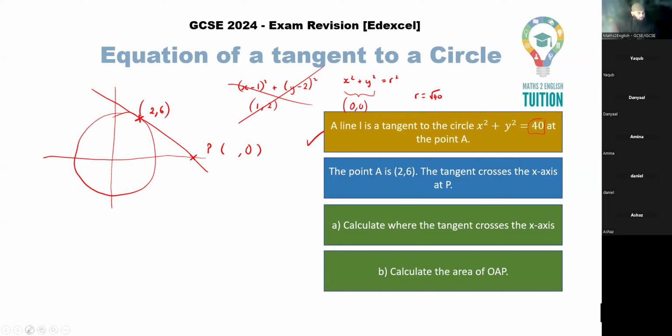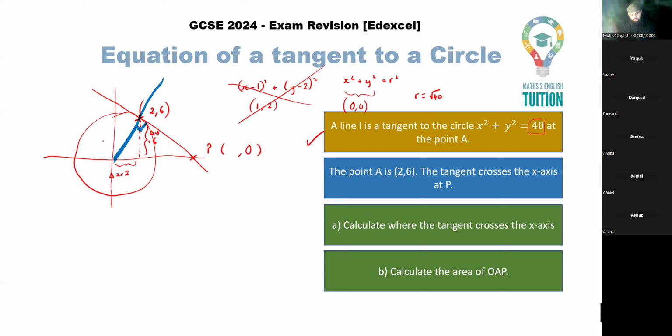Over here, the normal is literally the line that goes straight through this, at 90 degrees to the tangent. So if I look over here, the difference in y is going to be 6, and the difference in x is going to be 2.